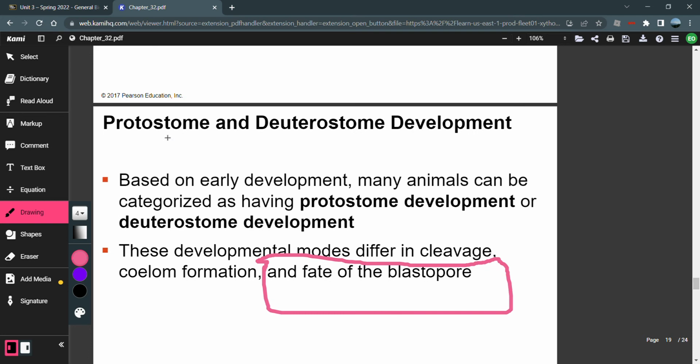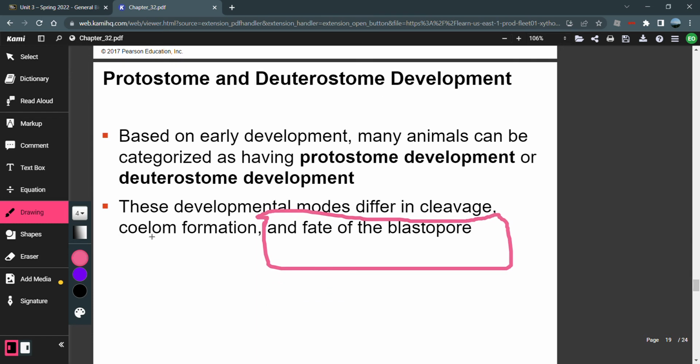And we'll be talking about protostome and deuterostome development. Based on early development, many animals can be characterized as having protostome or deuterostome development. These developmental modes differ in cleavage, coelom formation, and the fate of the blastopore.